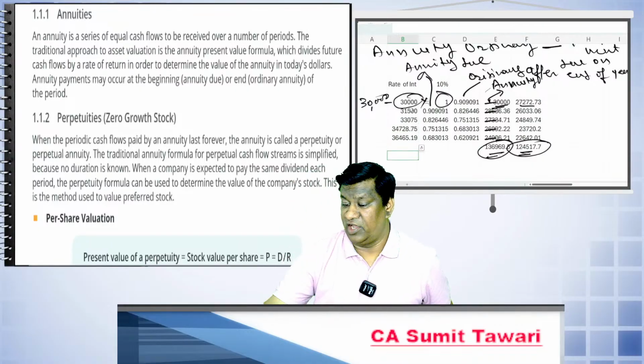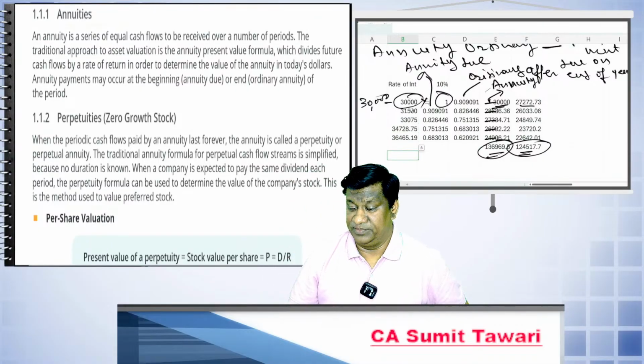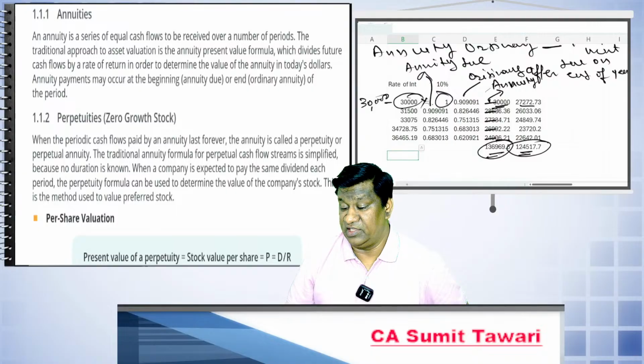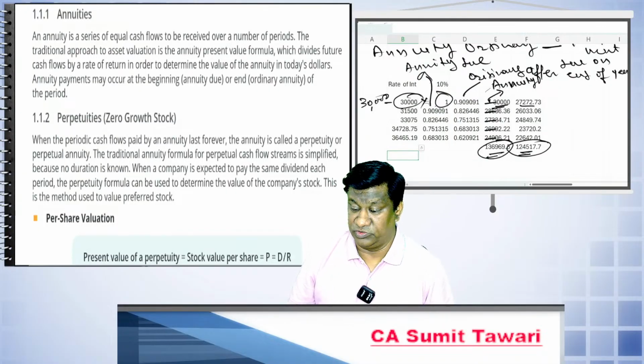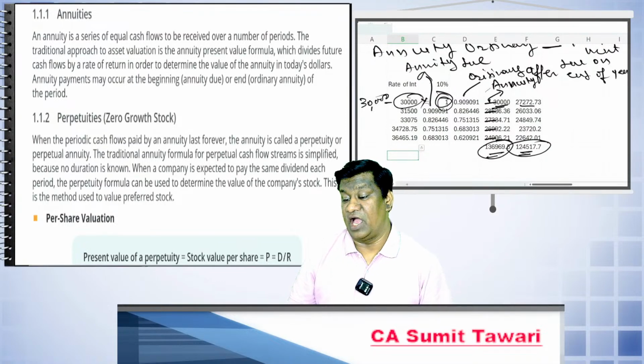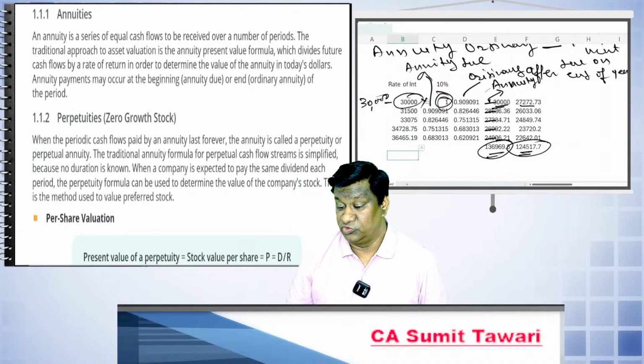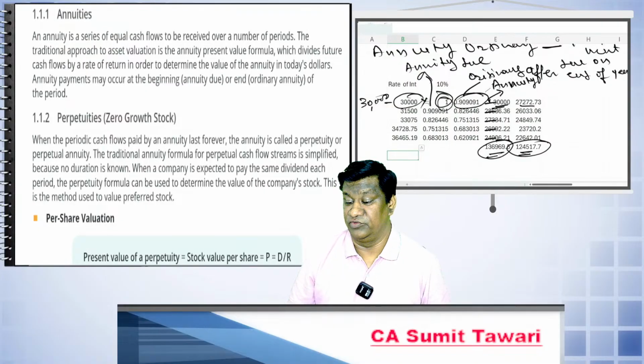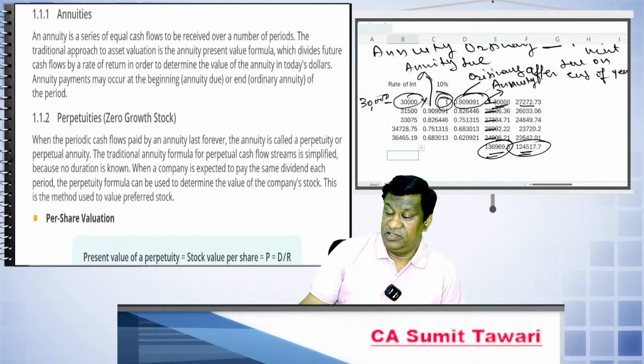It will not affect actually, it depends on whatever the terms and conditions may be. So if you are paying on the first day of the loan taken, then you need to start with 1, and if you are paying after 1 year, because you are able to earn some amount on the first installment, you need to start with 0.90, meaning 1 divided by 1.1. Clear here? Any doubt here?